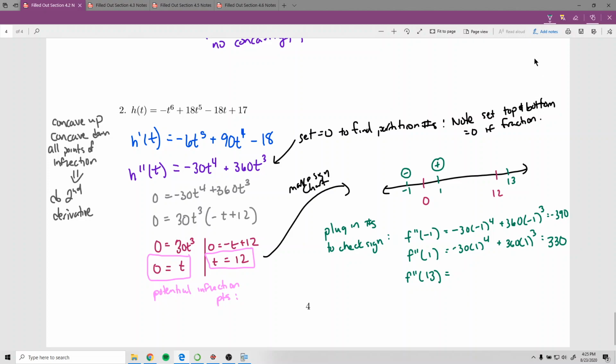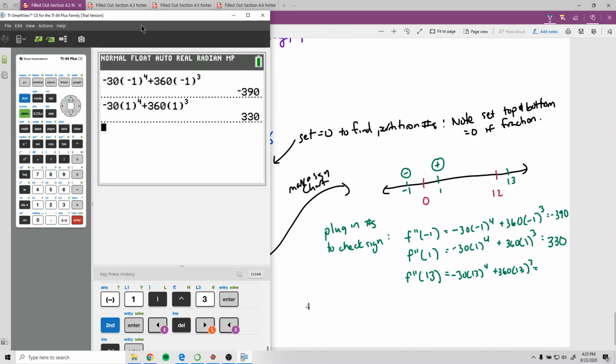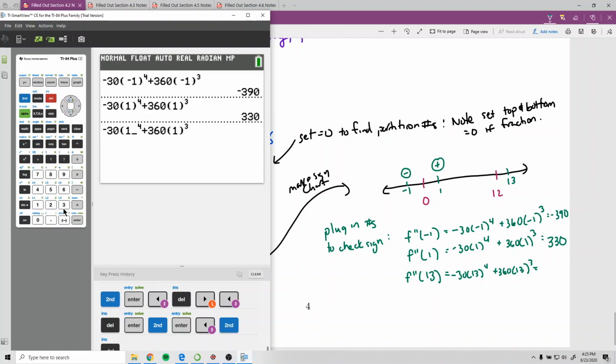And then plug in 13. Do the same shortcut, just copy it, and then since I want to put a 3 right there, just hit second insert, and then you can hit 3 and it'll let you plug it in right there, or you can type out the whole thing.